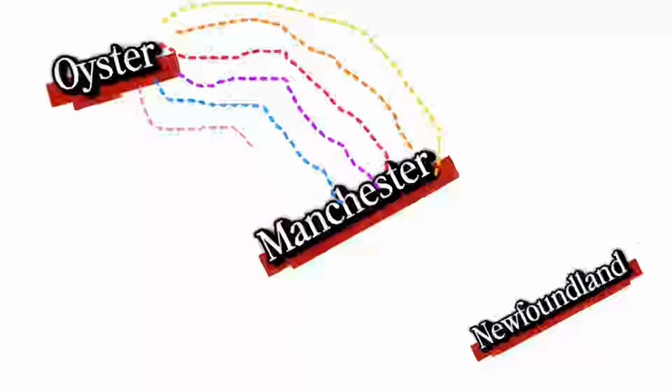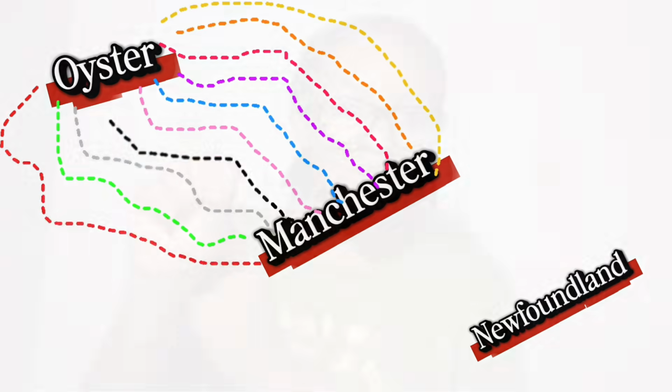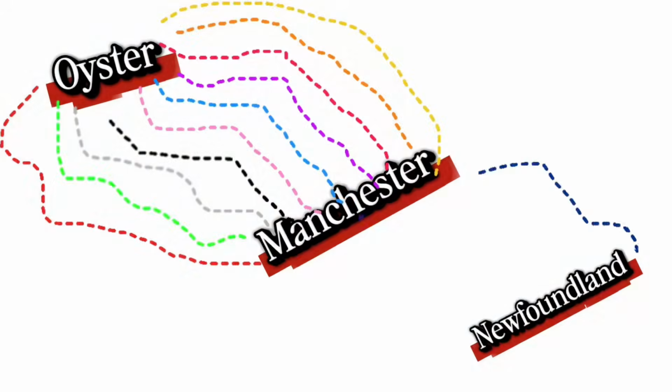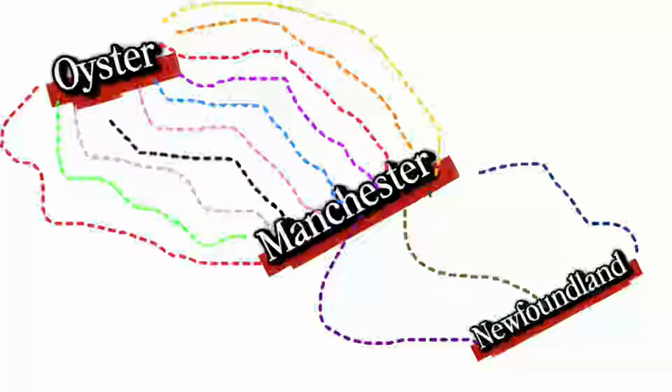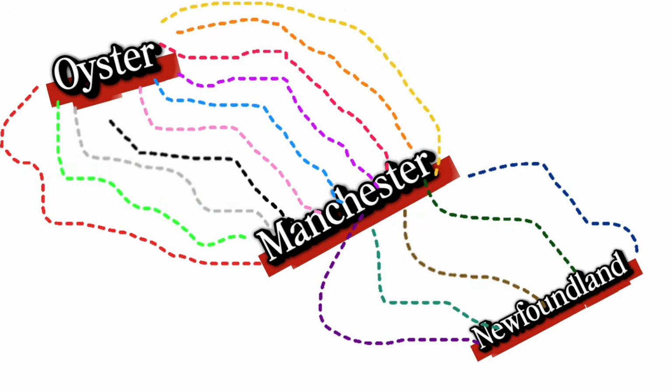That's step 1. Which road are we going to take for that? There's several roads we can take. Step 2, we're getting from Manchester to Newfoundland. Again, there's several roads we can take to do that, which is why we're using the multiplication principle.